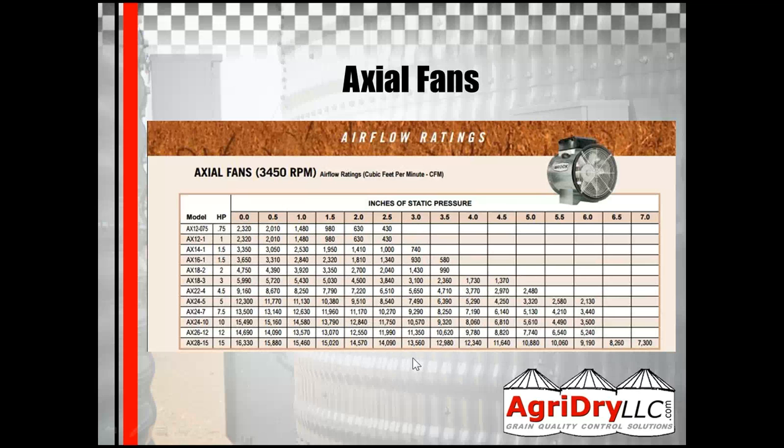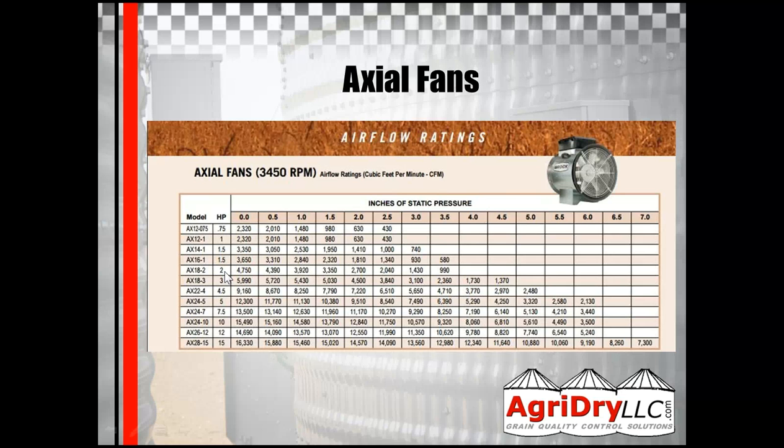So, for example, now this is an axial fan, so usually it's less static pressure. You see these empty columns here, and what this means is that if you had, let's say, a 2 horsepower axial fan, once you get to 4 inches of static pressure, so this is inches of static pressure across the top, and this is the different horsepowers, like I said, for a Brock fan setup, the different horsepowers and the model numbers of those.